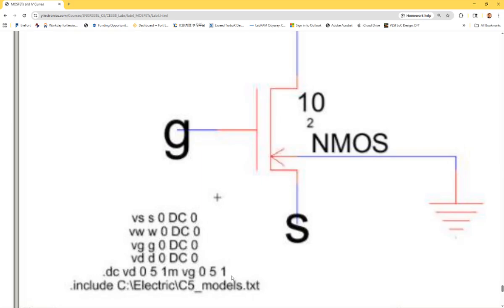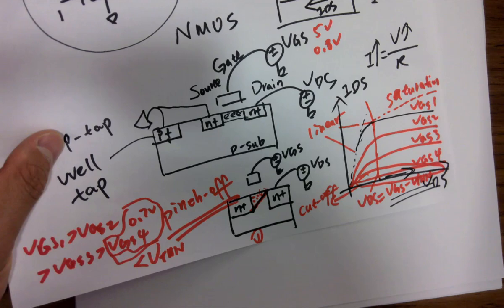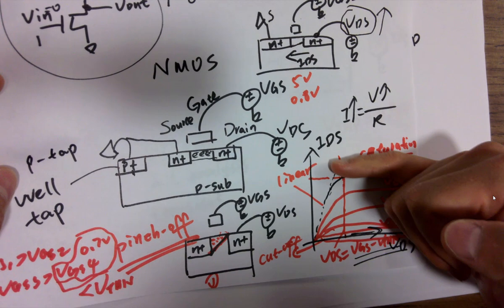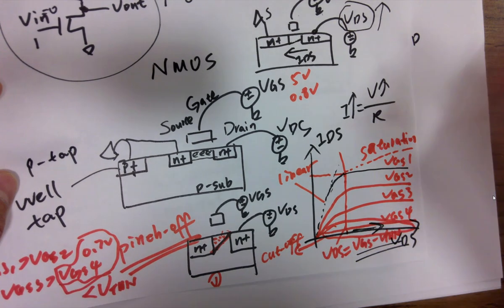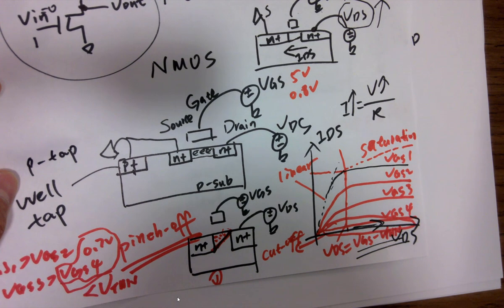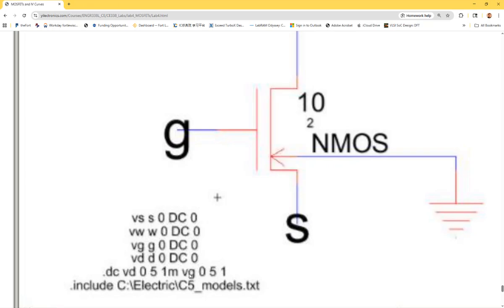So what's happening over here is I'm trying to plot multiple curves. Even though I'm sweeping VDS, remember the VDS curve? Like this, right? Whenever I'm sweeping VDS, I also want to add VGS into it. So how to add VGS into this curve is basically adding a little statement over here: VG from 0 to 5 and 1 volt per step.